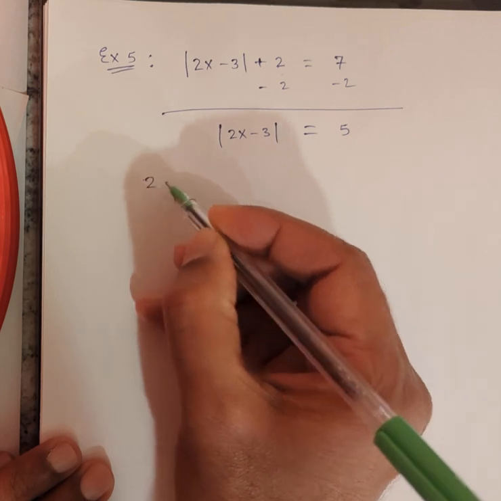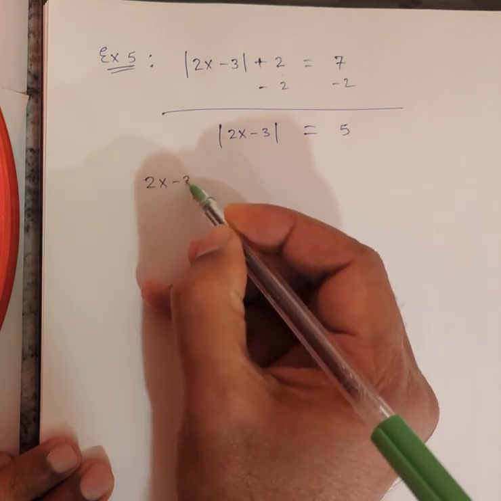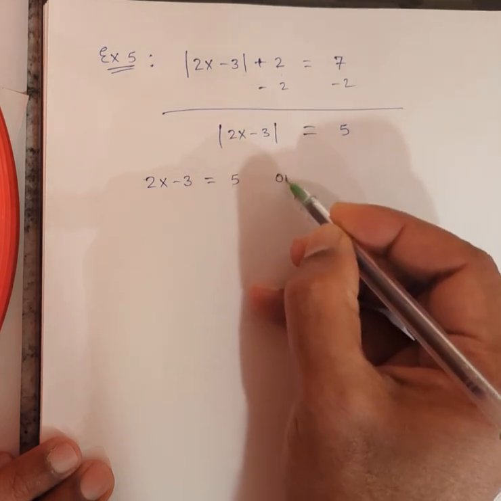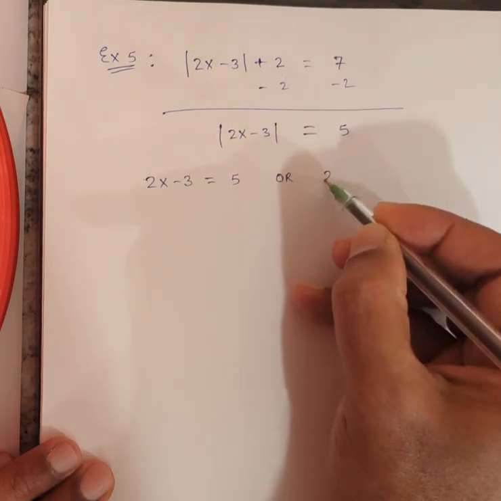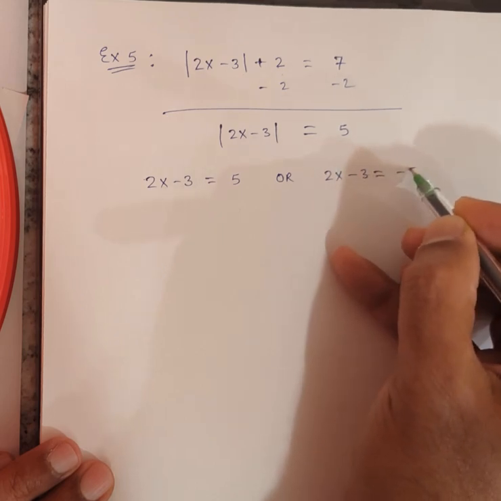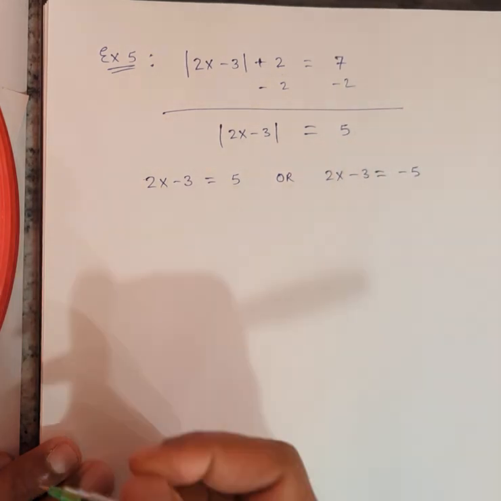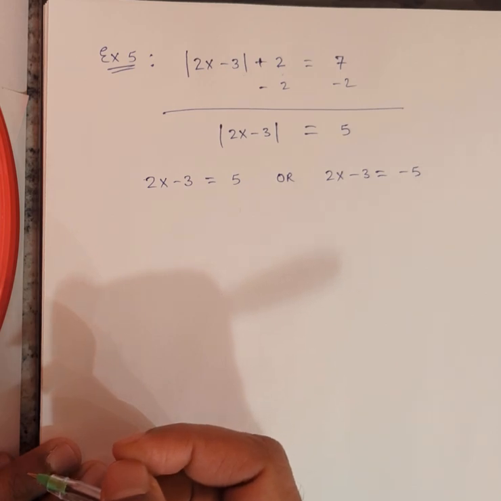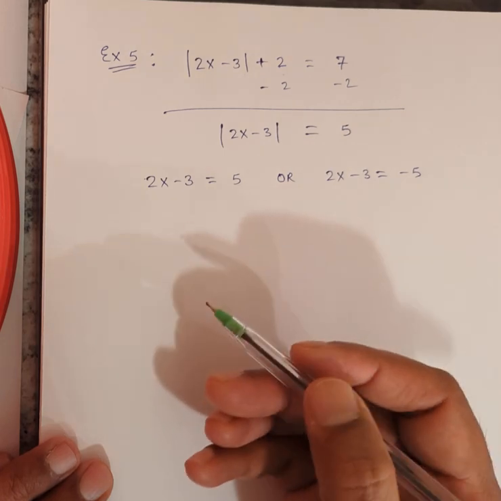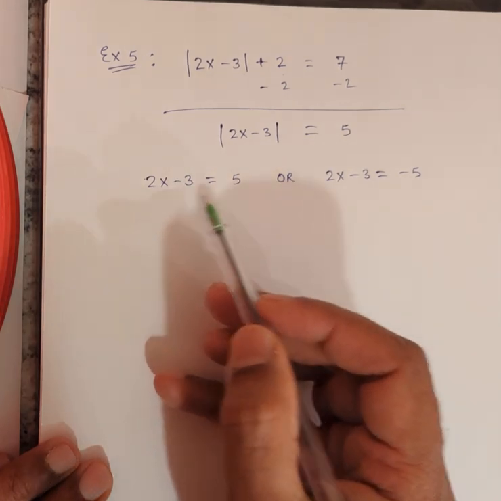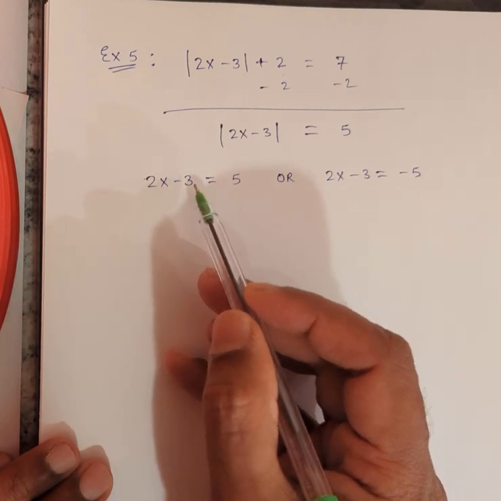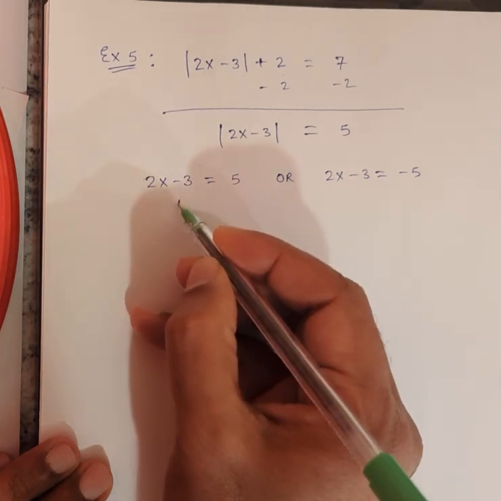The first equation would have 2x minus 3 equal to positive 5. And the second equation is 2x minus 3 equal to negative 5. And each of these requires two steps to solve. So how do you solve this linear equation? You need to get rid of the negative 3 first. So you add 3 on both sides.